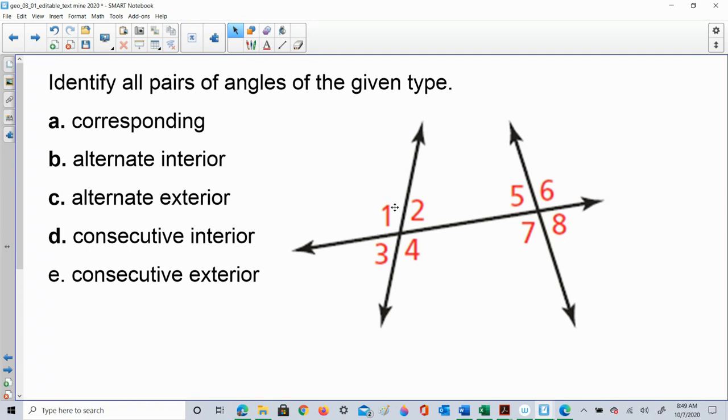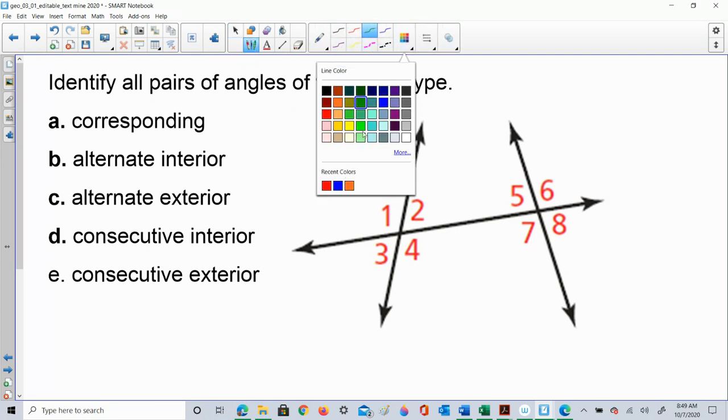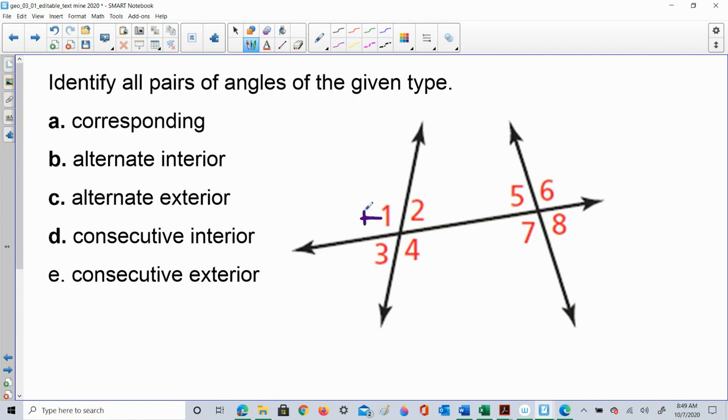Exterior, outside, one after the other, same side of the transversal. I'm tired of those colors, so let's go for purple. Consecutive exterior. This one's outside, outside, same side of the transversal, outside of the two given lines. 3 and 8. Same side of the transversal, outside of the two lines.